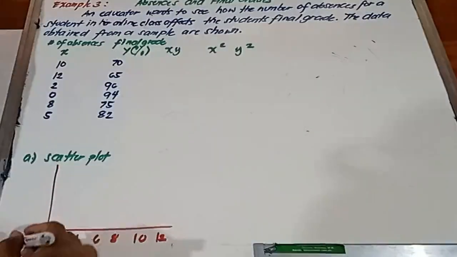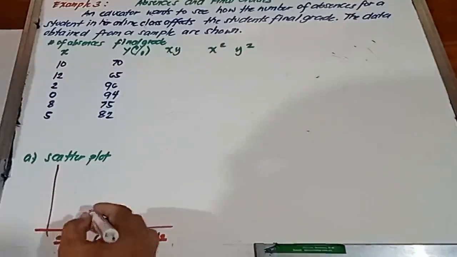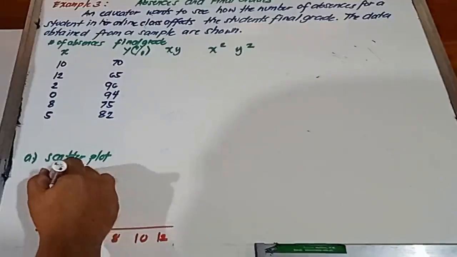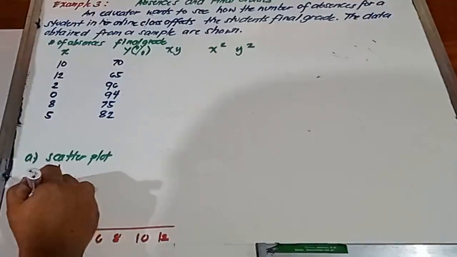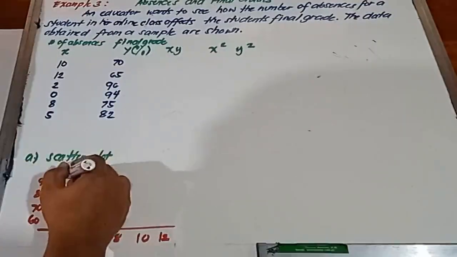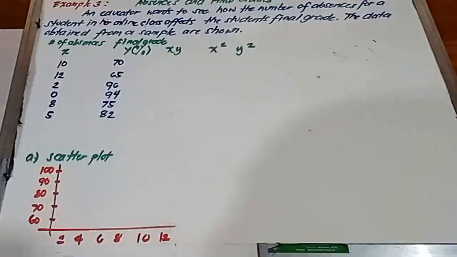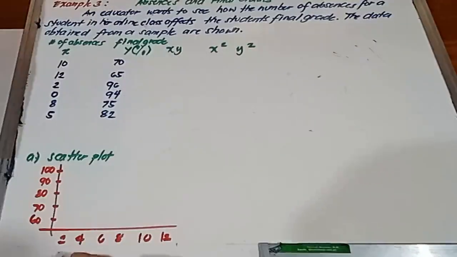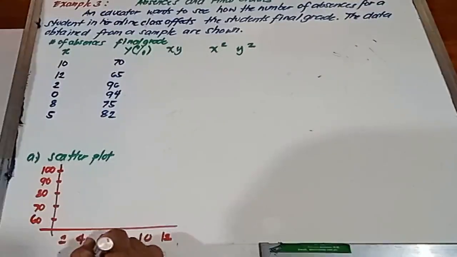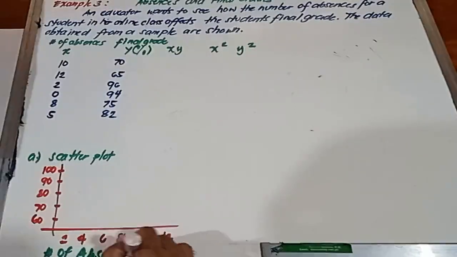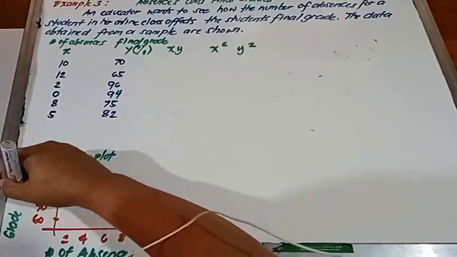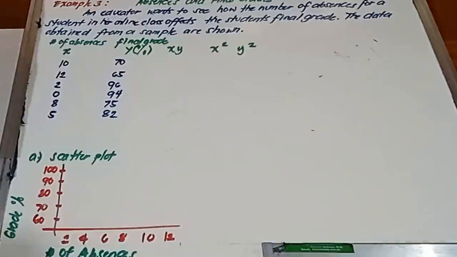Ito yung, let's say, ito ay 60, 70, 80, 90, 100. Okay. So, itong x-axis natin, ito yung ating absences. Number of absences. Ito yung grade nung estudyante in percent. Okay, final grade.